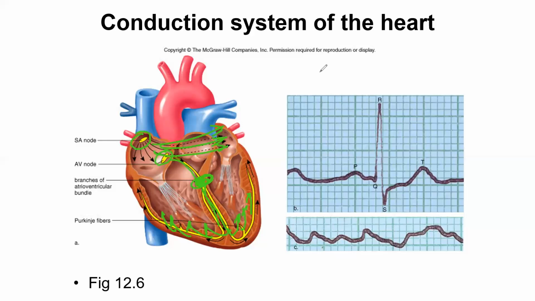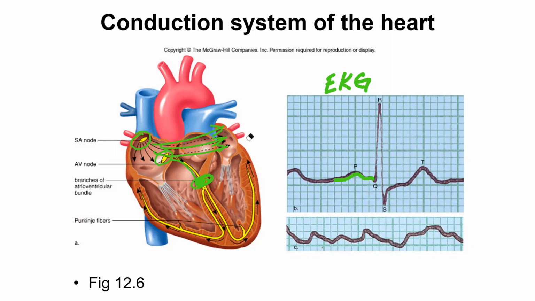Now that starts to have an important point here on the right side for these diagrams. This is your EKG. This is your readout. So here's your P wave. And that P wave, I'm going to erase some stuff here so I can color code things.